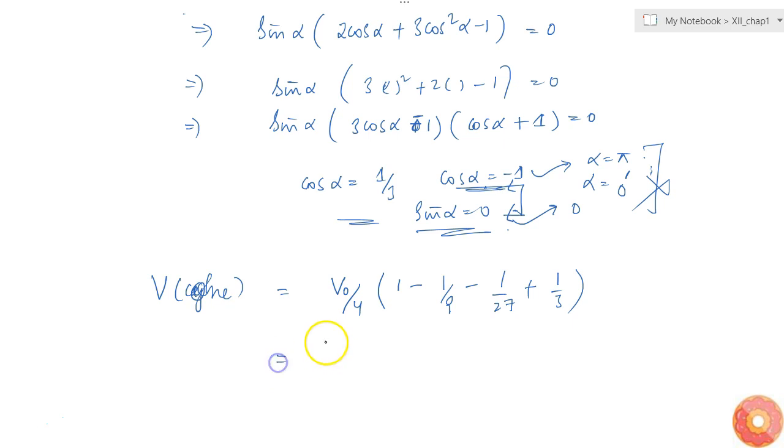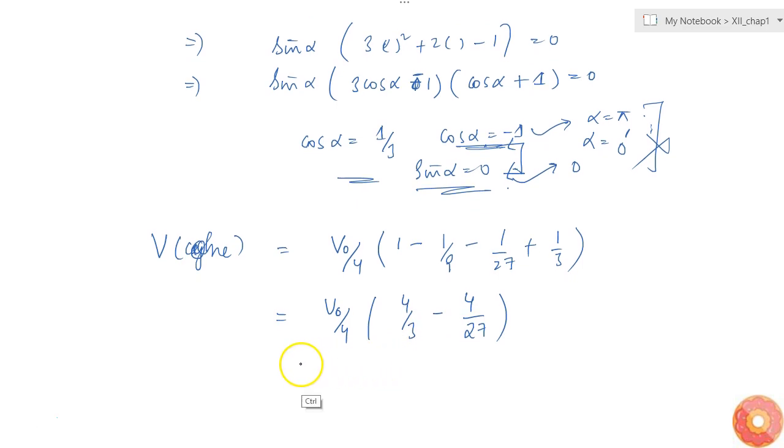So this will become V0 by 4 into 4 by 3 minus 4 by 27. So this we can get 4, we can remove, this will become 8 by 27.